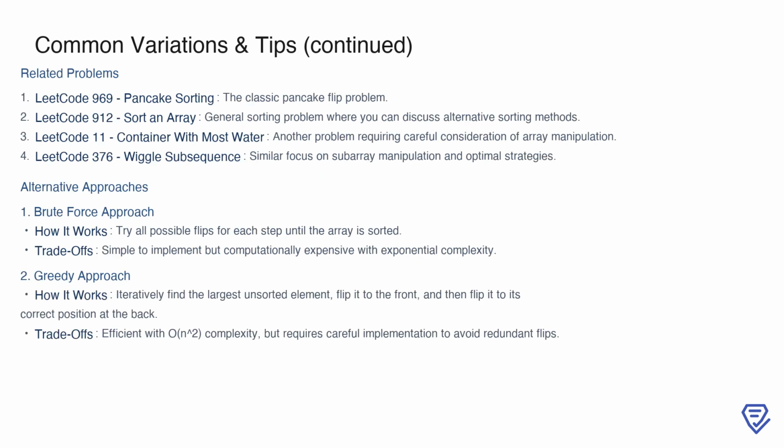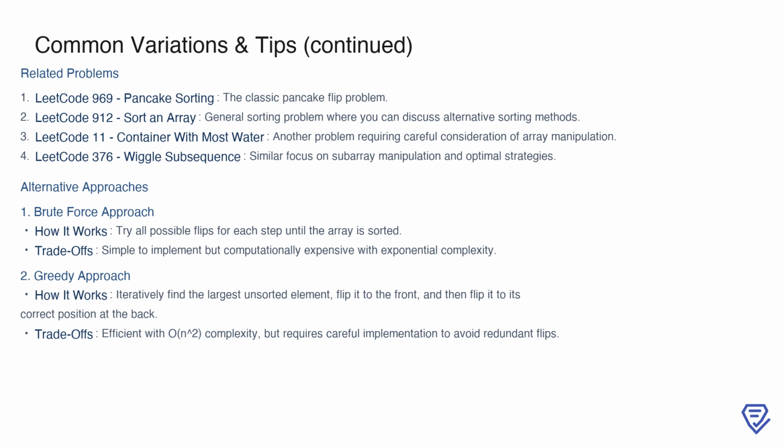Pancake sorting shares themes with several related problems. For instance, LeetCode 969 is the classic pancake flip problem, while LeetCode 912 involves general sorting where alternative methods can be explored. Problems like LeetCode 11, which focuses on finding the container with the most water, and LeetCode 376, which emphasizes subarray manipulation in the context of wiggle subsequences, also require strategic approaches to array manipulation.